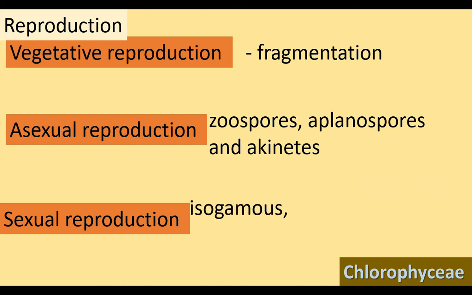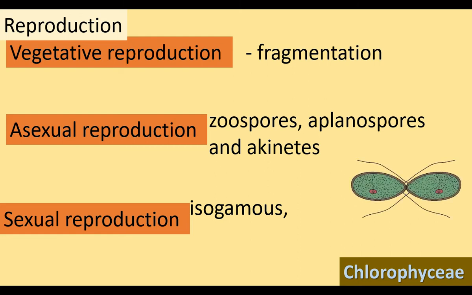Sexual reproduction is isogamous. It involves fusion of similar gametes. The gametes are morphologically similar and physiologically similar. Both are swimming, both are motile.